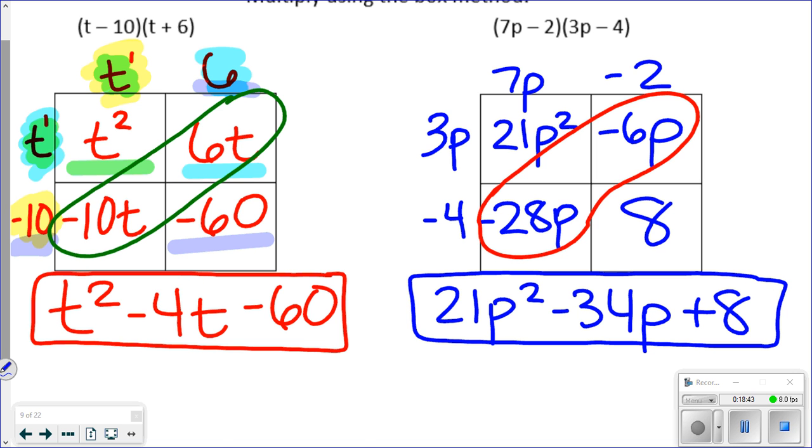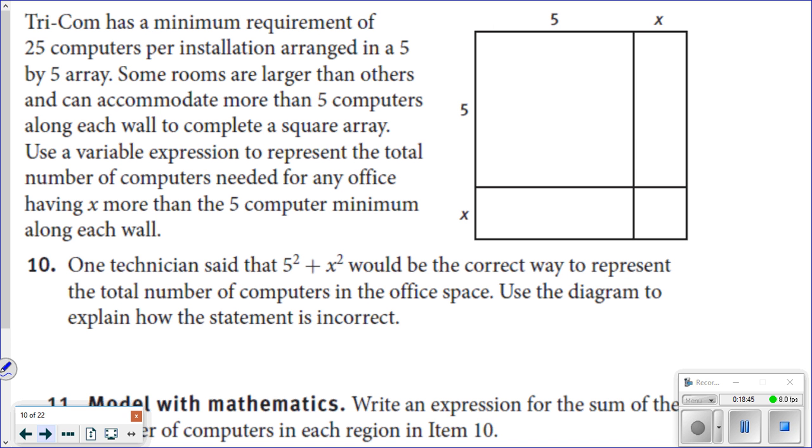Okay, so back in the book, let's take a look at question 10. This is on page 372. The computer company has a minimum requirement of 25 computers per installation, and it's arranged in a 5 by 5.